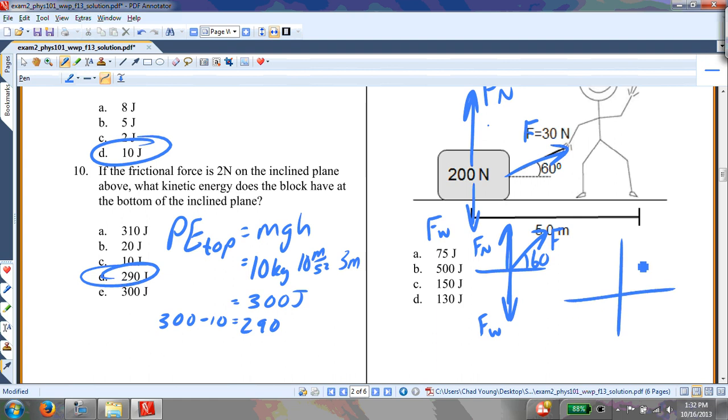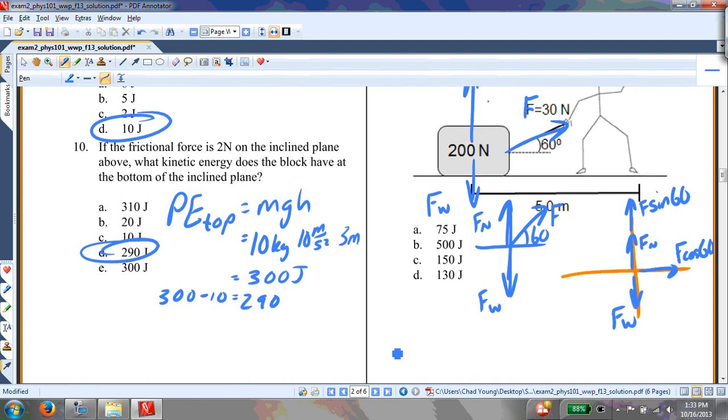And I'm going to resolve that force vector. So let me do some different colors here. So here's my coordinates, and then my normal force, Fn. I have my force, F sine of 60. And I have F cosine of 60. And then I have my weight.